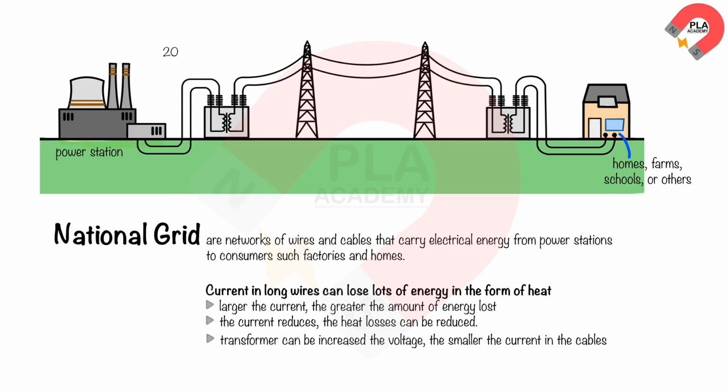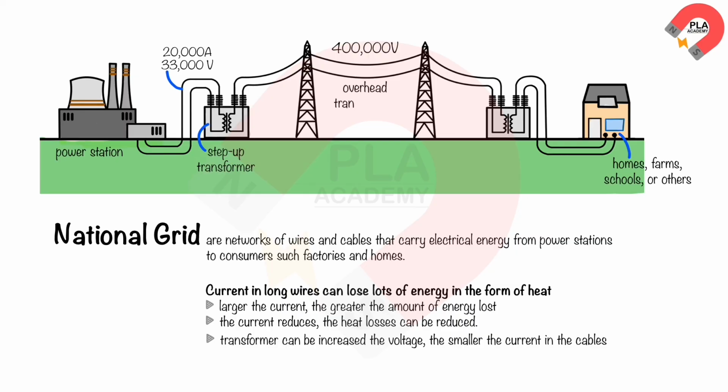Typically, a large power station produces a current of 20,000 amperes at a voltage of 33,000 volts. The high current is fed to a step-up transformer, which greatly decreases the size of the currents and increases the size of the voltages. These step-up transformers increase the voltage of the electricity to approximately 400,000 volts.